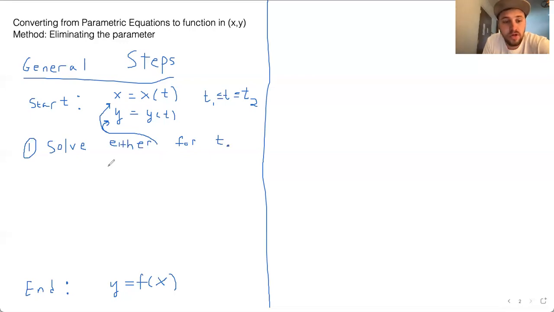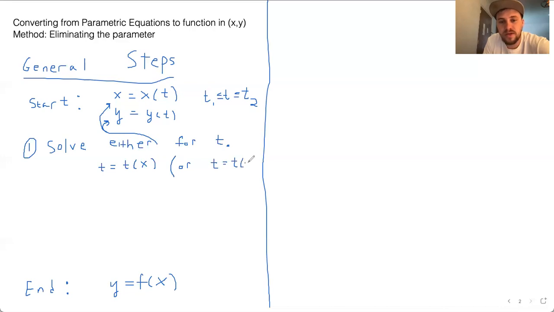So it will look like t is then a function of x, or t equals a function of y.